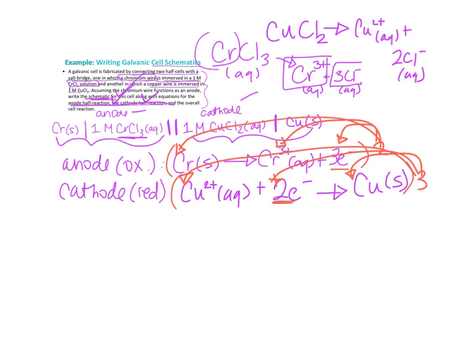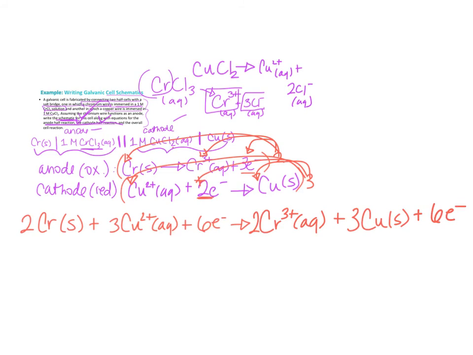So I'm going to rewrite that and add it all together. Okay, so I wrote everything on the reactant side, and then I wrote everything that we were adding on the product side. Notice anything that's the same on both sides is going to cancel, so we cancel that out, and what's left is your final reaction.